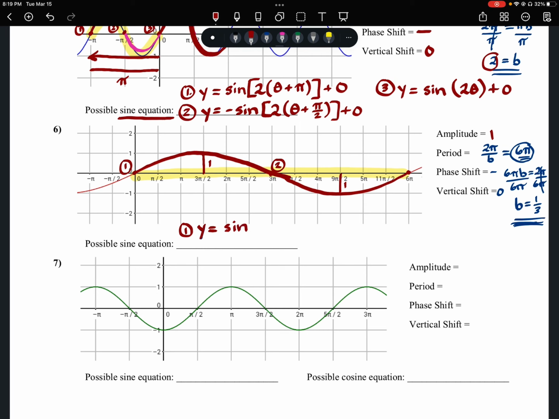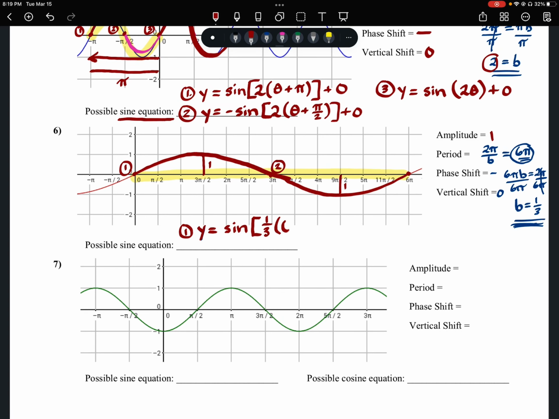Then we put our bracket, and we've got our b value, so 1/3 times the quantity of, in this case, just theta, because we have no phase shift. I know I put brackets in there. If you put parentheses instead, that's okay. And if you wanted to put the plus 0, you could do that. So that is option 1.